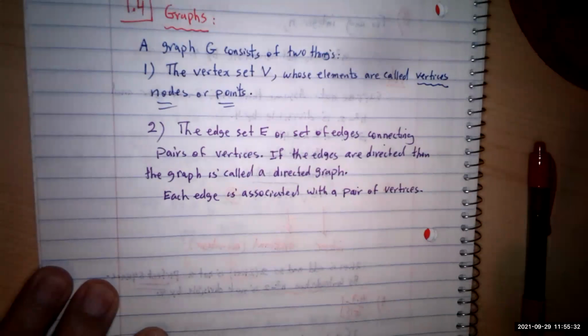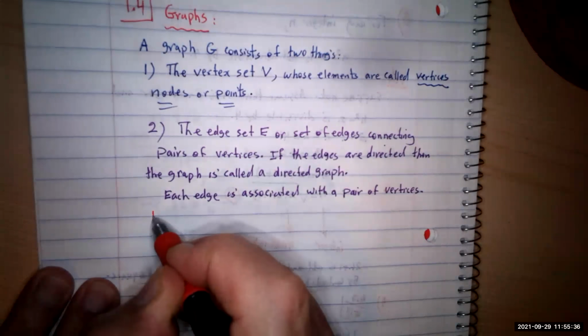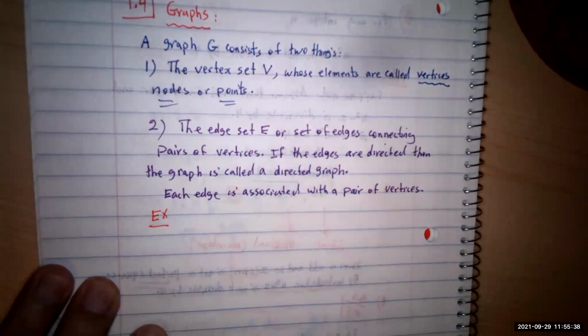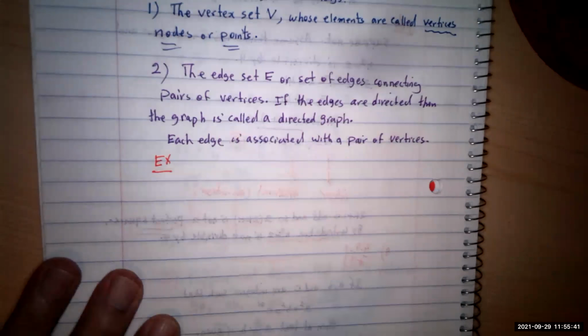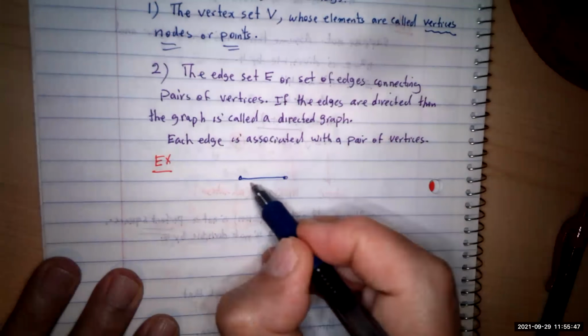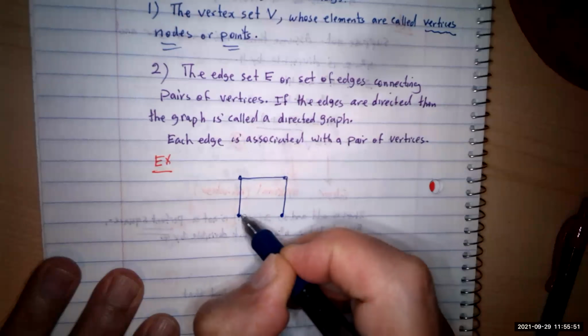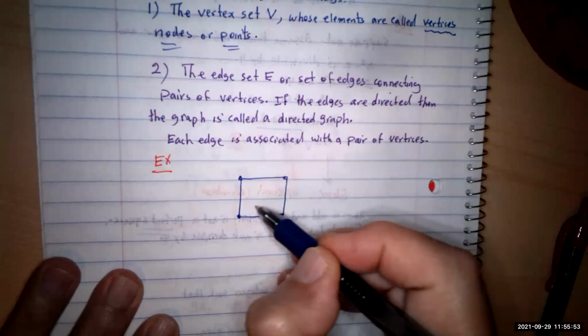So let me give you an example to see how we identify these terms. Suppose this is a given graph. This is it.